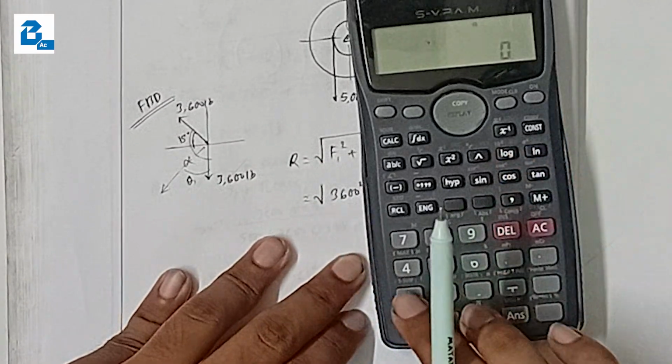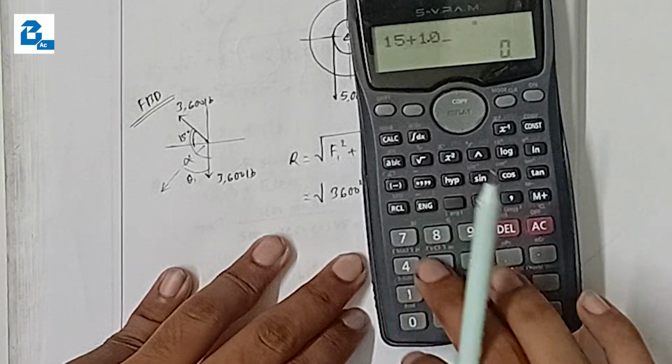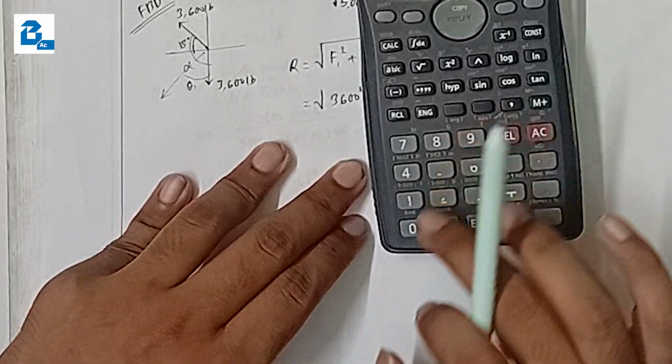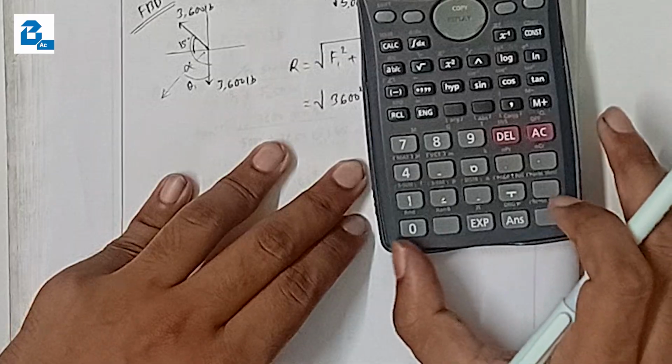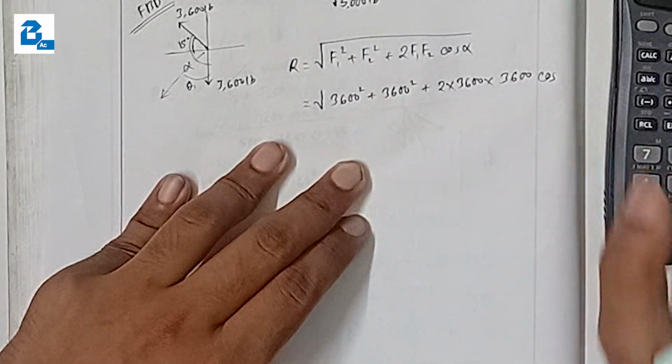We can calculate it here to double check. It would be 15 plus 90, it would be 105.